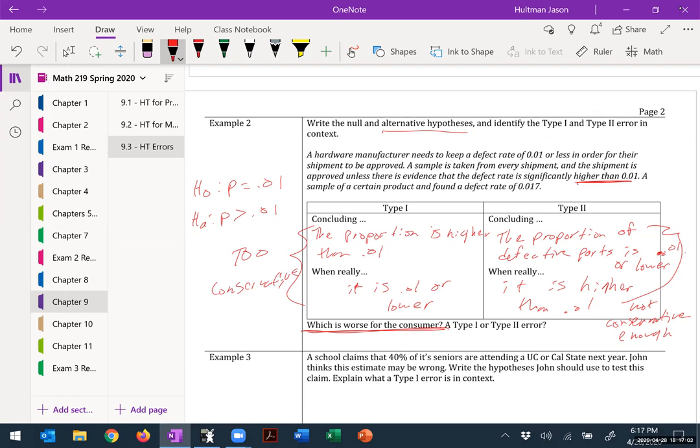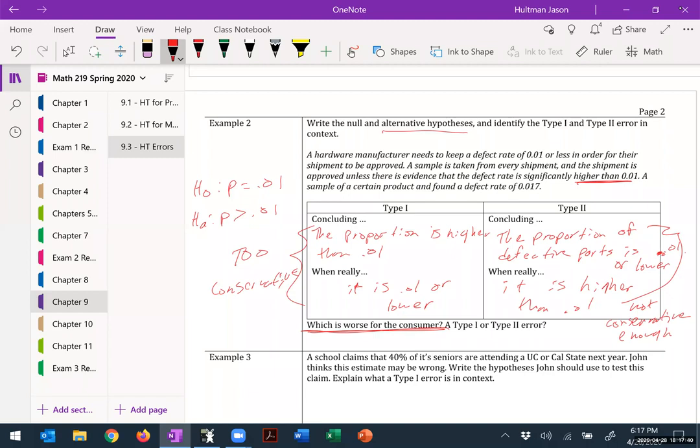Or sorry, for type 1, we're not letting stuff through. We're being too conservative here. That's better for the consumer because they're not going to get bad stuff. We're being too restrictive.